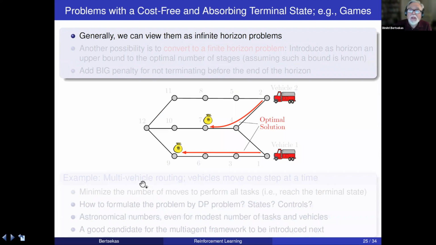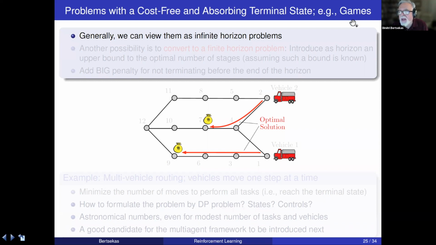Okay, let's look at another reformulation where you have a cost-free and absorbing terminal state. Basically, where the process of control stops at some state and there's no more cost to be incurred. An example of this type of situation is in games, where you lose the game or you win the game and it stops.